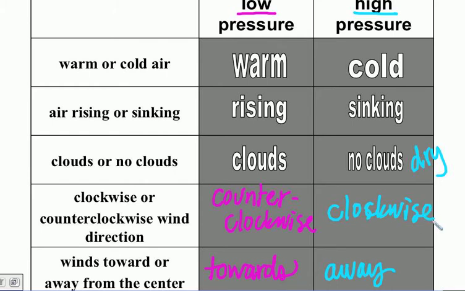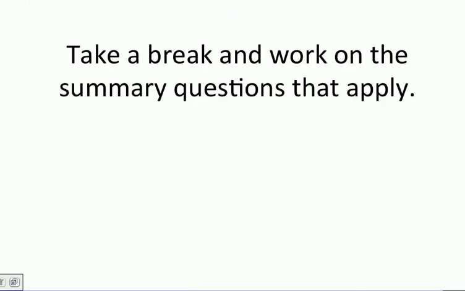Okay, so this is definitely new things that we added to our list, knowing about high and low pressure. These are our two new ones of the day. Make sure you have a good understanding of those and how you could label and draw them on a map. Take a break, take a pause, check out your summary questions and see which ones you can now answer based on our discussion of high and low pressure.